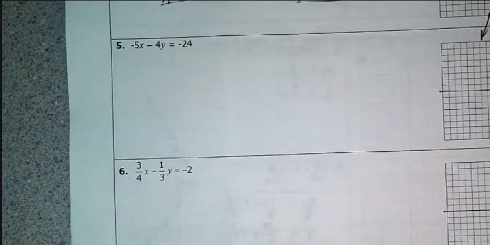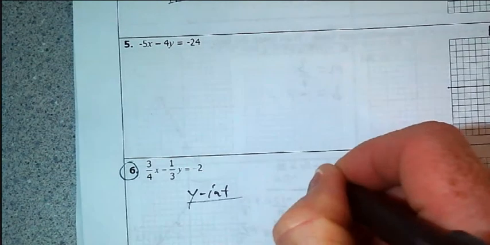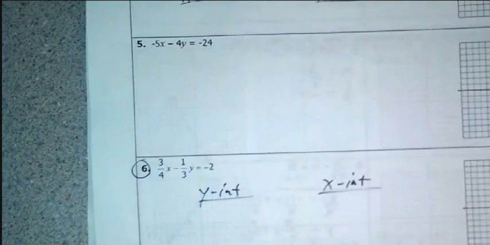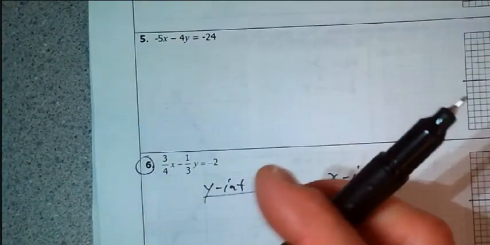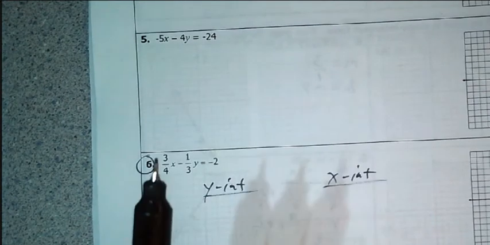Let's look at number 6. All right, on number 6, x and y are already on the same side. So, when it comes to finding the x and y-intercept, we're already a step ahead. All right, so we should have, for the y-intercept, negative 1/3 y equals negative 2.